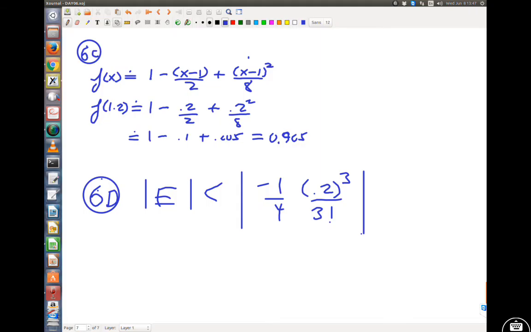Now divide that by the 4, and it's 0.002, and 0.002 divided by 3 factorial, which is 6. Wait, hang on. Well, 0.002 divided by 6 is 0.0003 repeating. Sorry.